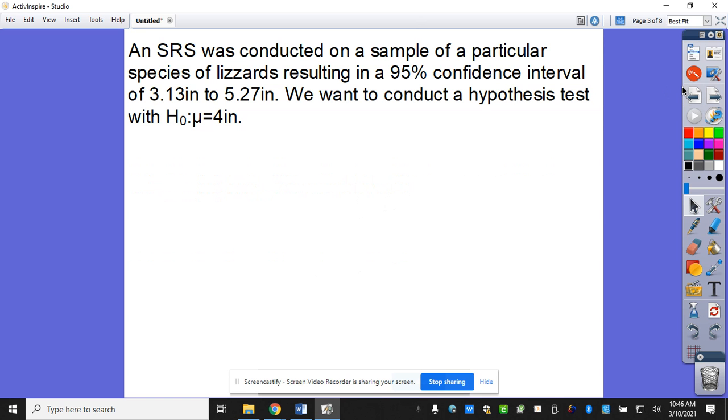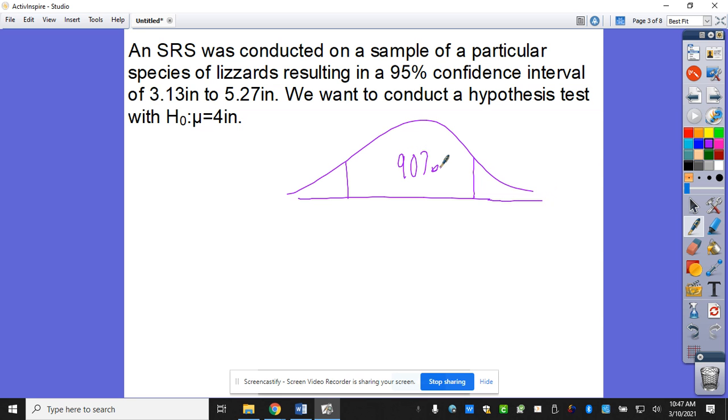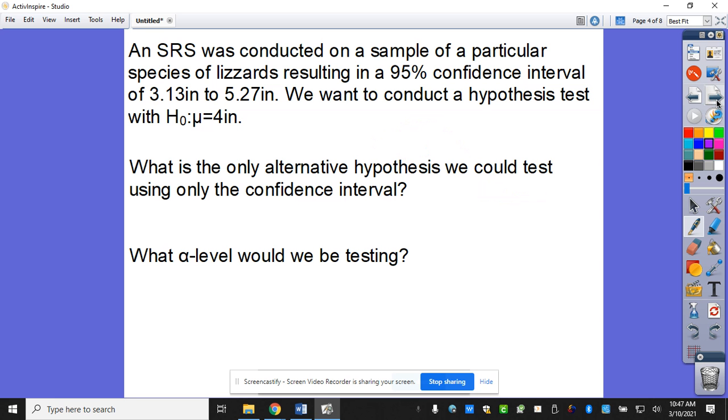So if I were to draw a confidence interval, it would look like that. It would have one tail on each side, fairly symmetrical. This is 90%, which means how much is not in the interval? 10%. So if I am doing a hypothesis test, the only thing I gave you was the null hypothesis.